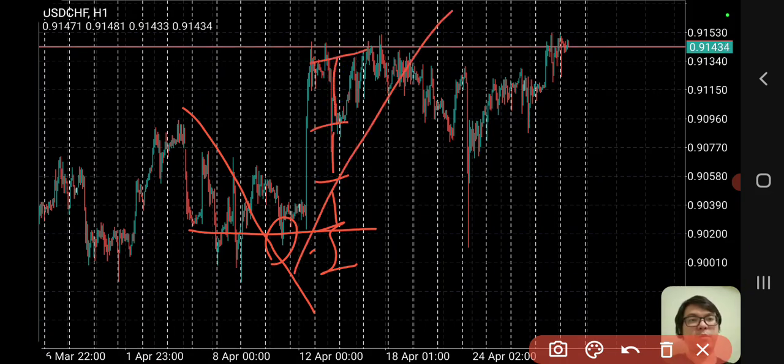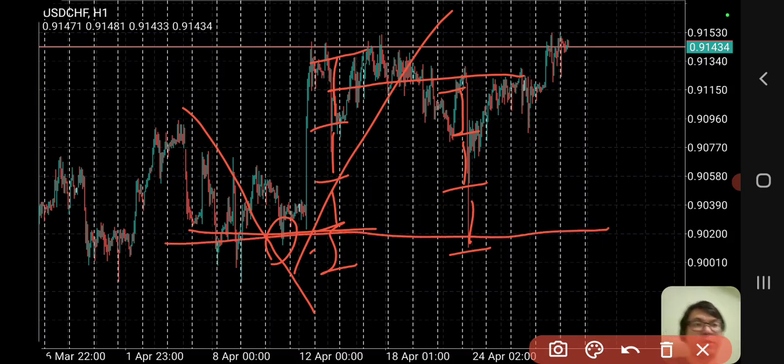Then uptrend, breakdown, retesting, and this going down 1 to 2, 1 to 1, 1 to 2, 1 to 3. Then this pulse holding, bouncing for another up.